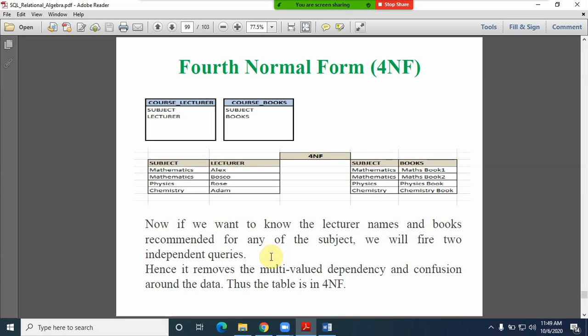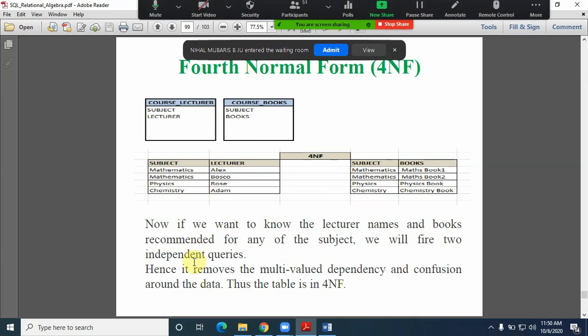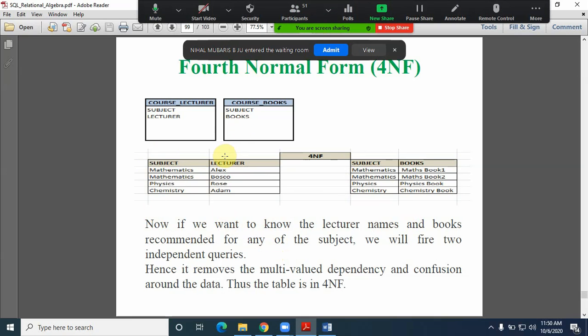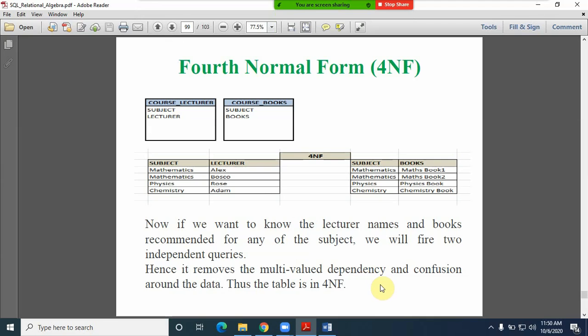But our requirement is, by selecting this particular splitting of the tables, there is no repetition, no repetition of books and lecturers for the same attribute. Hence it removes the multi-valued dependency and confusion around the data.